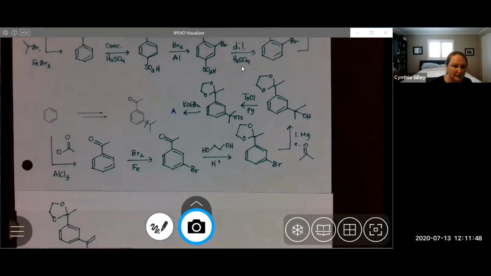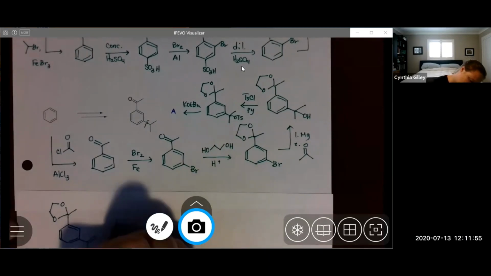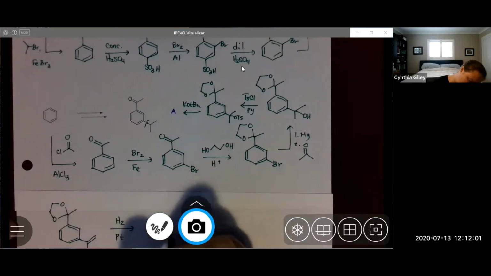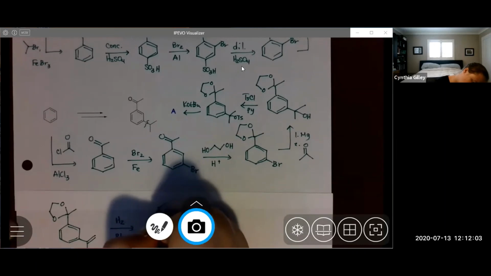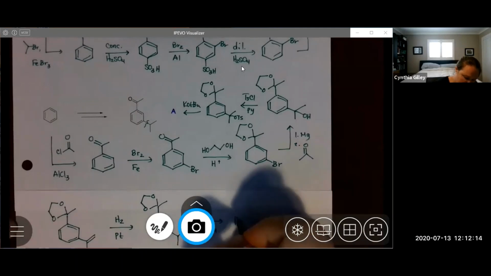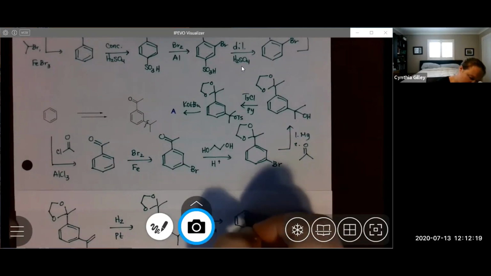Remove that through hydrogenation, the pi bond. And all we have to do is dilute H2SO4 to go back to the carbonyl.